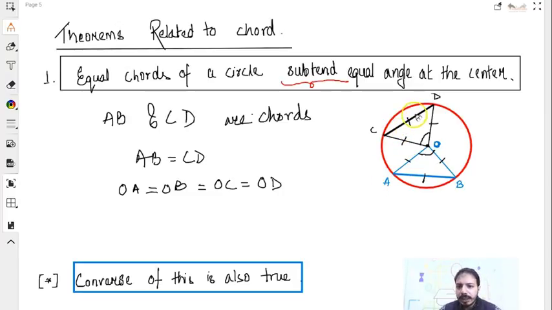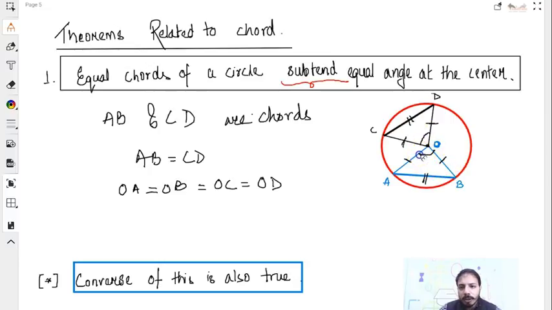Now between these two triangles OCD and OAB, I can apply congruency, that is side, side, side. So this side is equal to this side, and this side is equal to this side and also equal to this side. So by side, side, side, these two triangles are congruent.